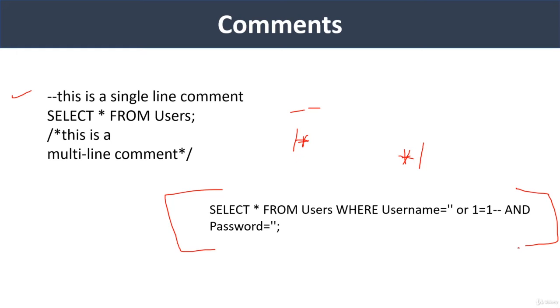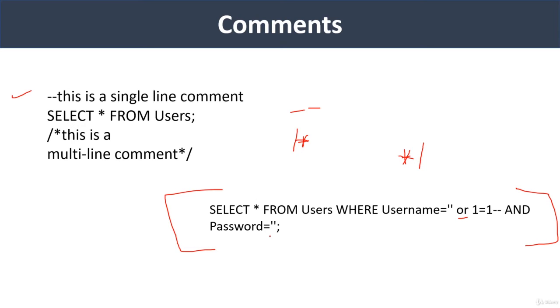Now let's see this one. This will return all the records from the database since an empty string is present. What does this OR mean here? Let's understand it first. SELECT * FROM user WHERE username is this empty string OR 1=1 AND password.